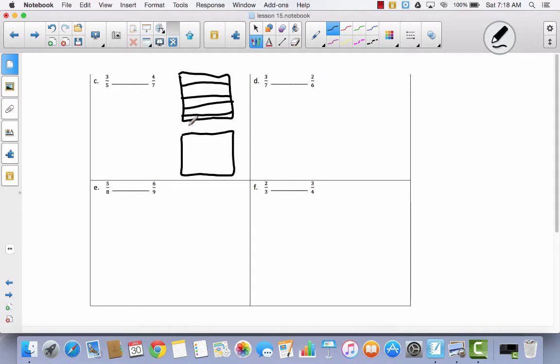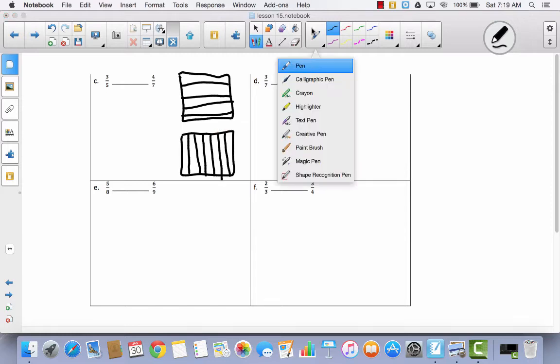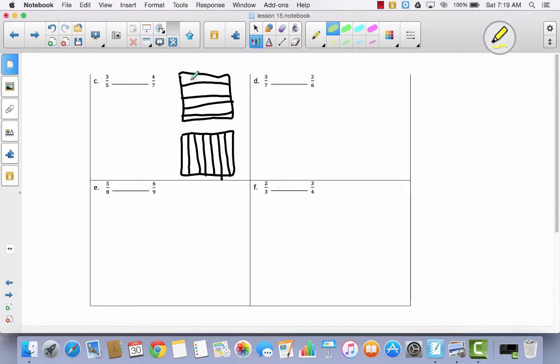This is why I usually use the cheat tool, because they look so messy. All right, now I'm going to divide these into 7 parts. I'm going to draw 6 lines, okay? So I've got 1, 2, 3, 4, 5, 6. Okay, so let's shade. I'm going to shade 3/5, and I'm going to shade 4/7.